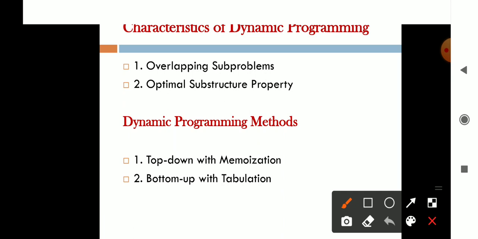The bottom up approach starts from the smaller problem and goes to the bigger problem, while the top down approach first takes the bigger problem, divides it, and then recursively calls the subproblems multiple times. These are the dynamic programming methods, top down and bottom up.